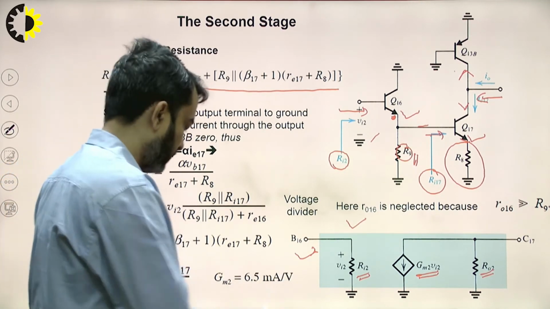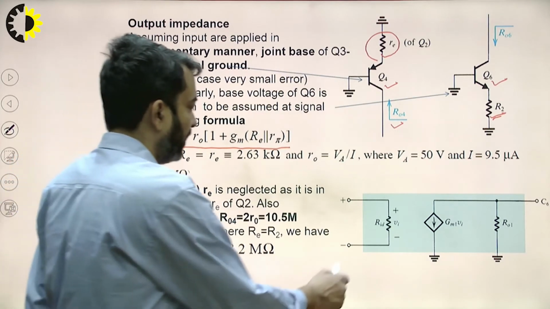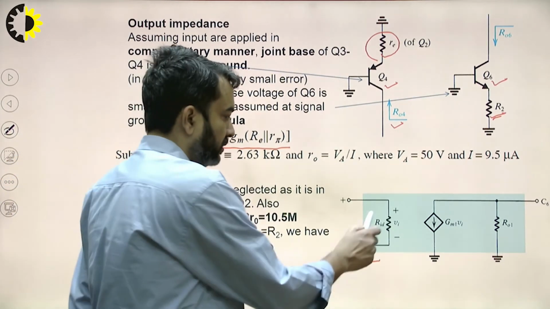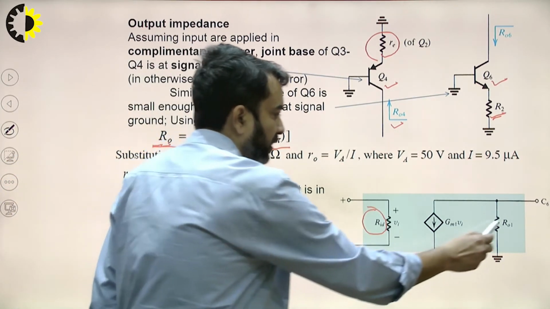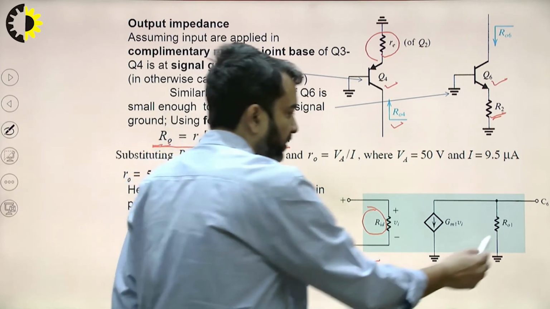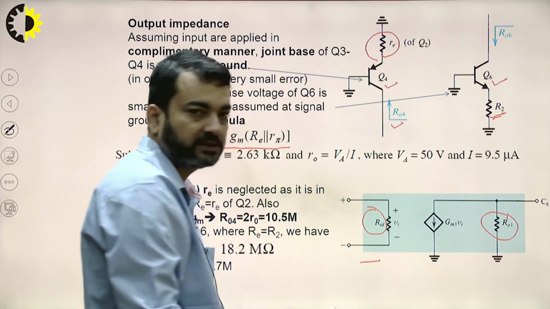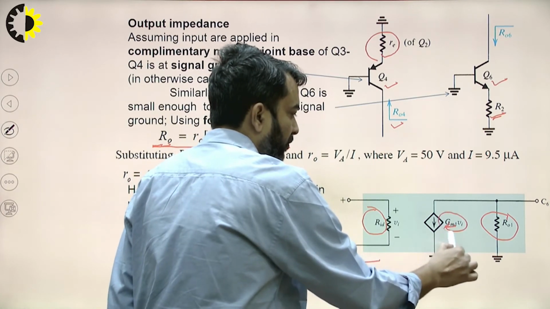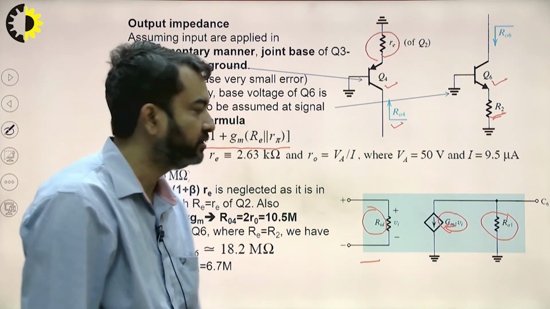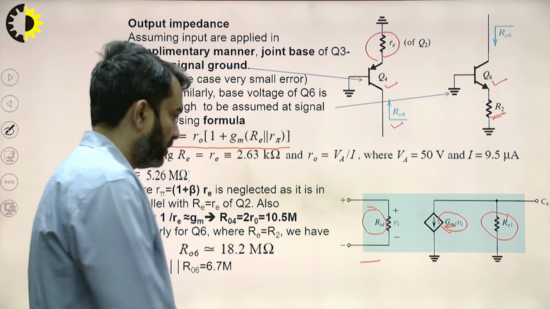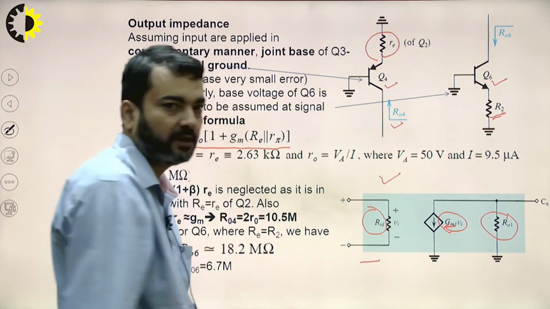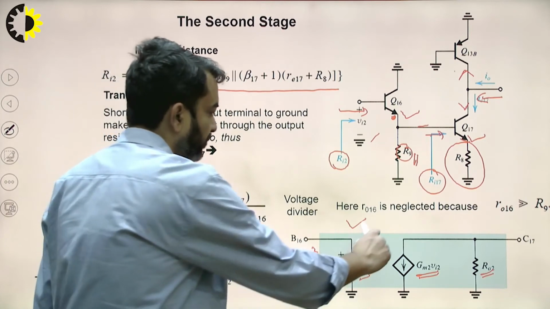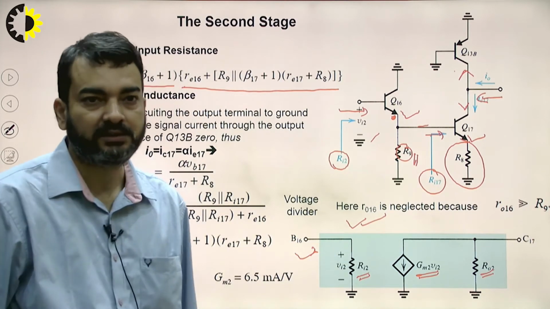So we have the previous model for the input stage: the input impedance of the first stage, the output impedance of the first stage and the short circuit transconductance, overall the current source GM1 Vi. So this is one model of the input stage, the second is the model of the gain stage.